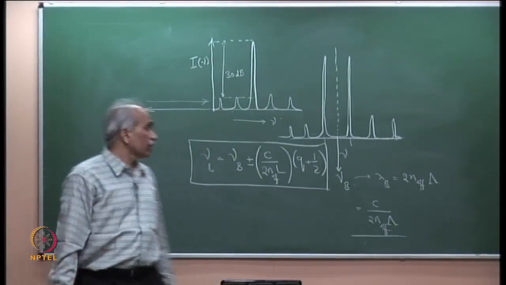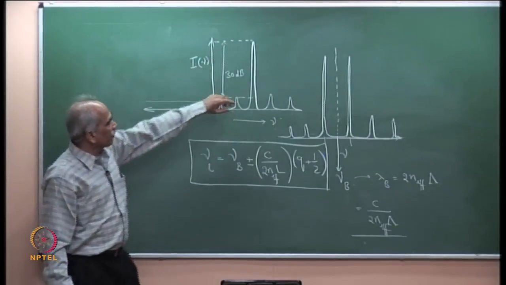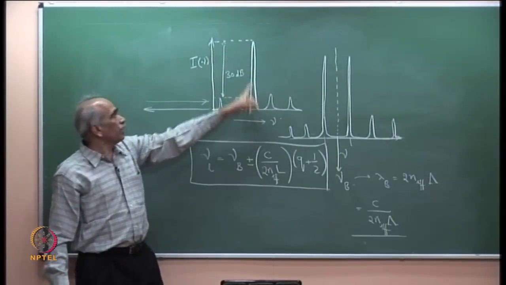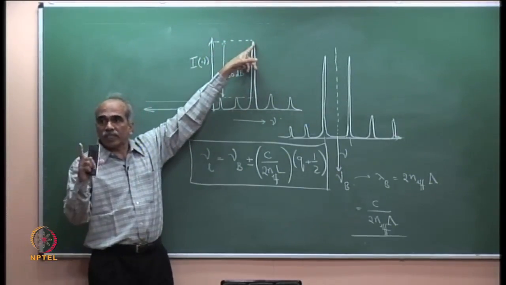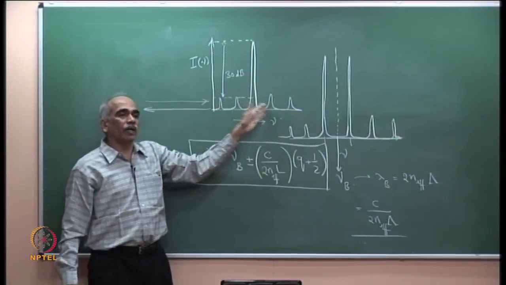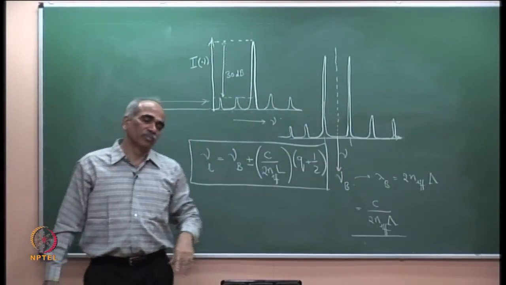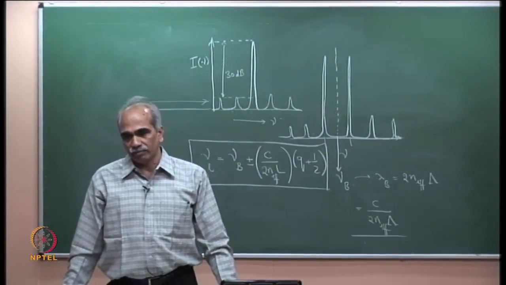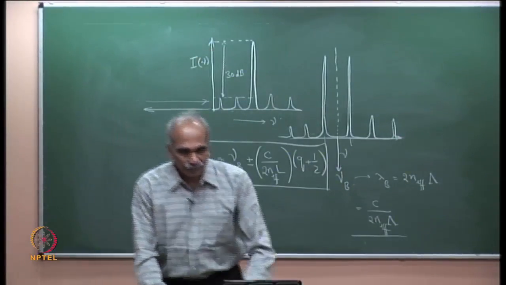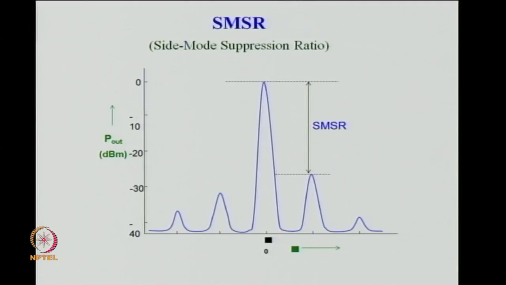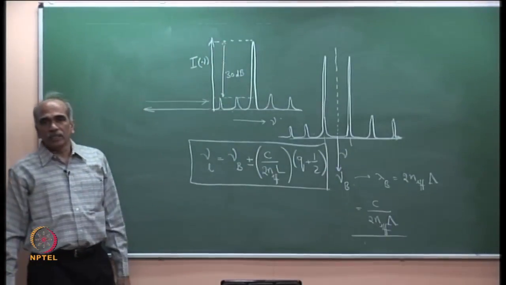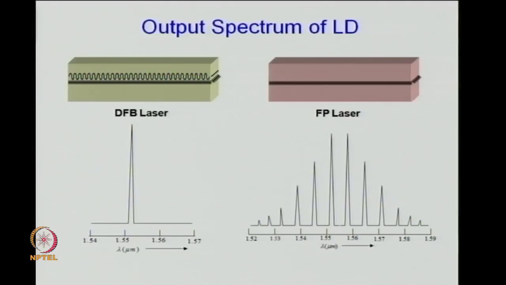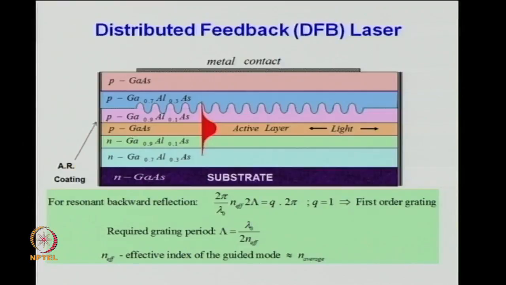Side mode suppression ratio, or SMSR, refers to the difference in power in dB between the required central mode, that particular frequency, and unwanted side modes, which come because of the periodic nature of the grating. This is typically 25, 30 dB or better. All right, let me go back to the DFB laser here.